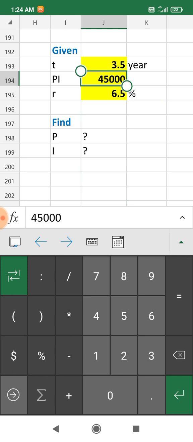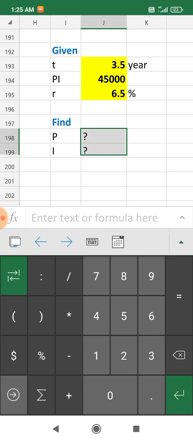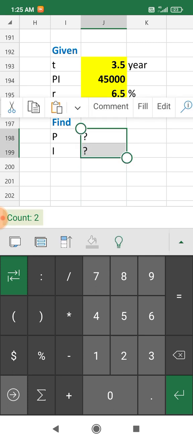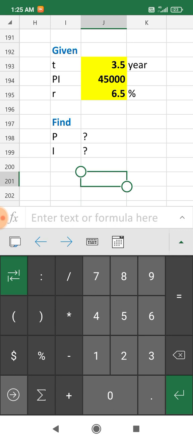It is the toughest question of this simple interest. If time is given, rate of interest is given, and the amount we get as maturity is given, we have to calculate P and I. It is not a very easy problem. It is a tough problem.